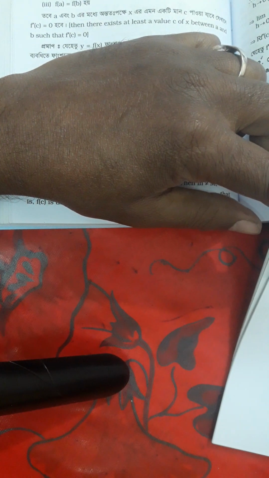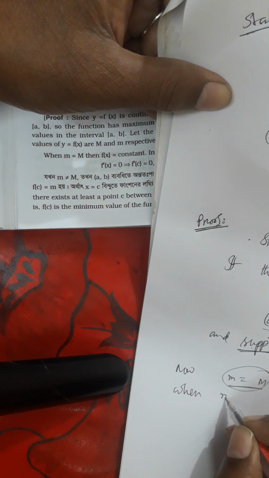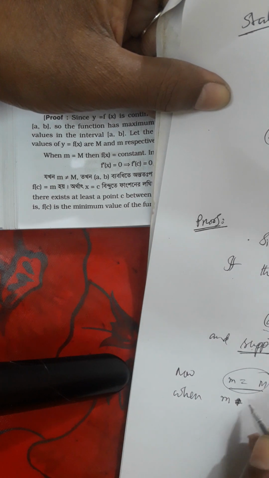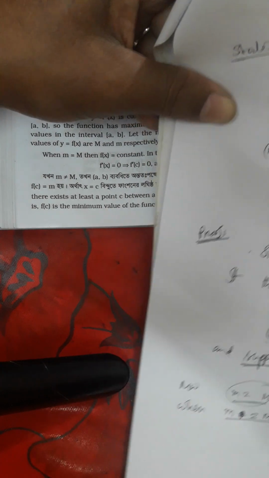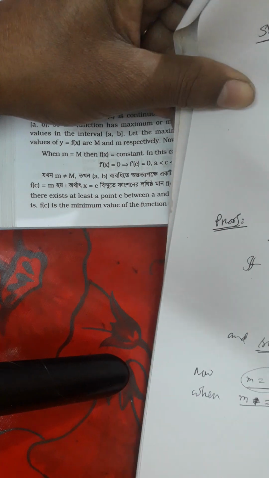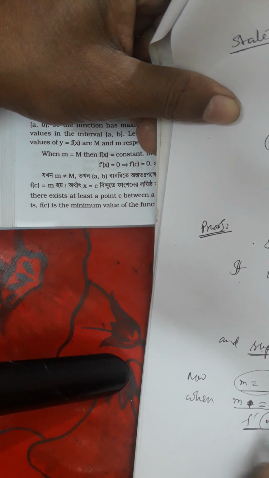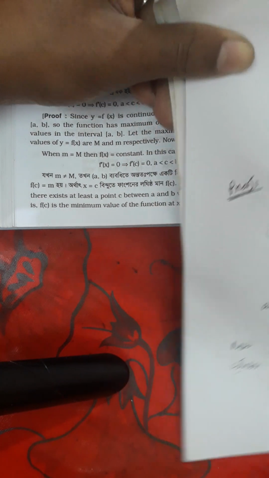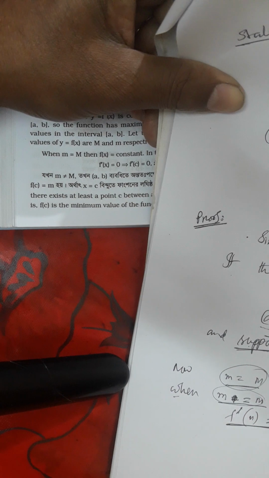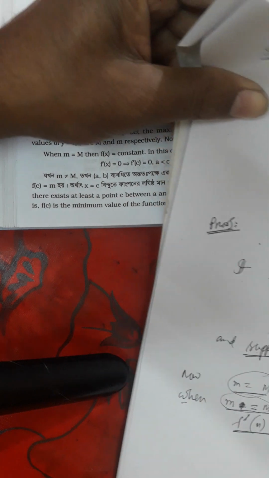M equal to m হতে পারে আবার এটা নাও হতে পারে। When M equal to m, then firstly f prime x equal 0. আমরা যখন M equal to m টা নিব তখন f prime x equal to 0 হতে পারে। তো then f prime c equal to 0 because a is less than c is less than b.